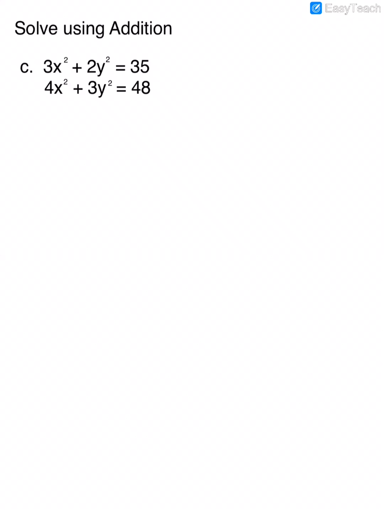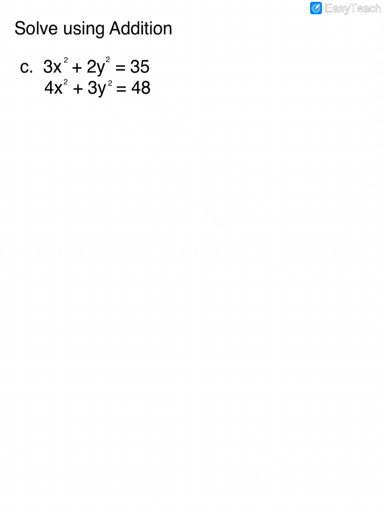All right, so that's already the case in this equation. They're lined up, so let's just see what we need to do to make one of the terms cancel. So remember, they have to be the same number with different signs, additive inverses of each other. So nothing's going to automatically cancel out if I add these 2 equations together.